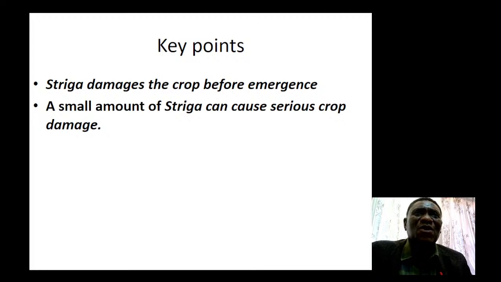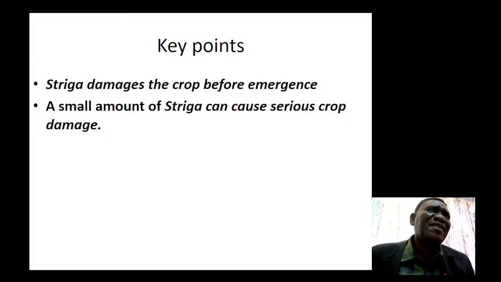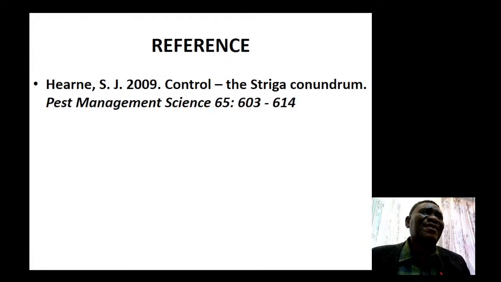But with the other ordinary weeds, there is always a threshold where we say this density may not affect yield, but with Striga asiatica or with the parasitic weeds, even if there are few plants, weed control measures have to be taken urgently.